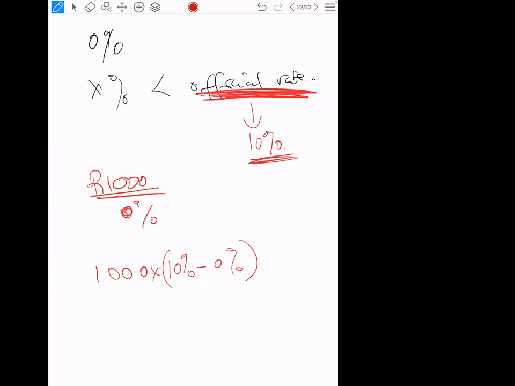It is deemed to be the donation. The official rate of interest is calculated annually. Good people, take note, the year end of a trust is 28 or 29 February. Let's say we're clear about this.